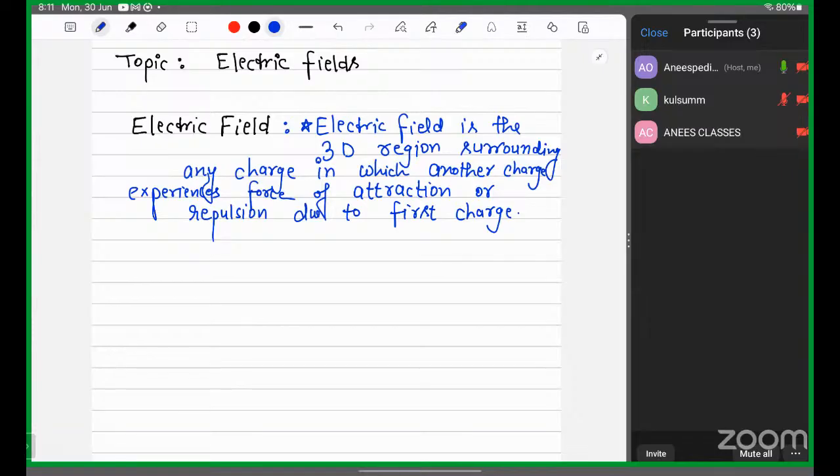It may be of attractive behavior or repulsive behavior. So electric field is a 3D region surrounding any charge in which another charge experiences force of attraction or repulsion. And this force is due to the first charge, meaning the charge due to which we are defining the concept of electric field.